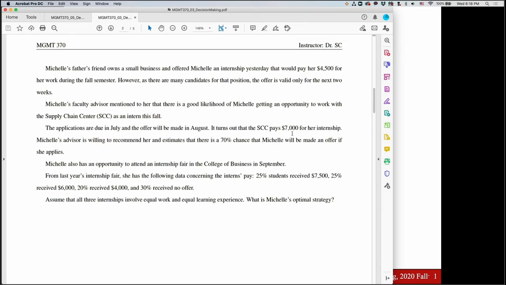But for this case, she cannot get this internship directly with 100% certainty, but there is some chance. Because other applications will be admitted, and the advisor will decide, there is a 70% chance that she will get the offer. So at this point, she has some probability.